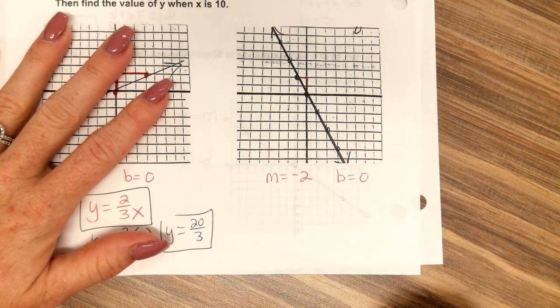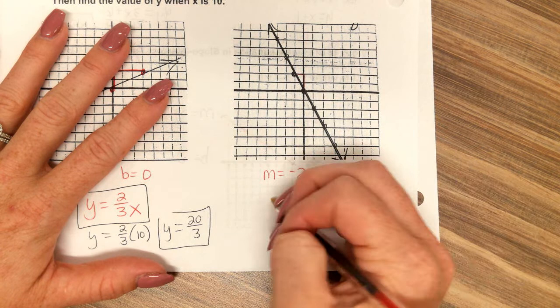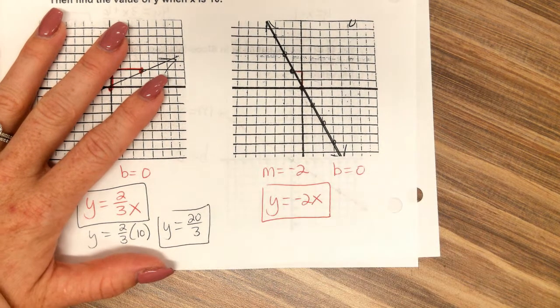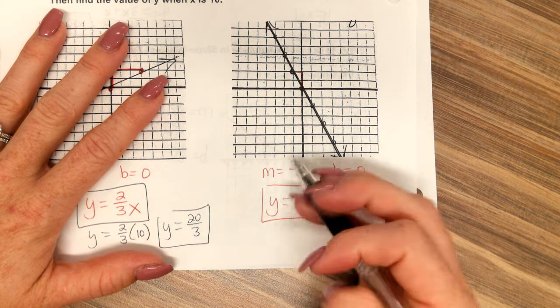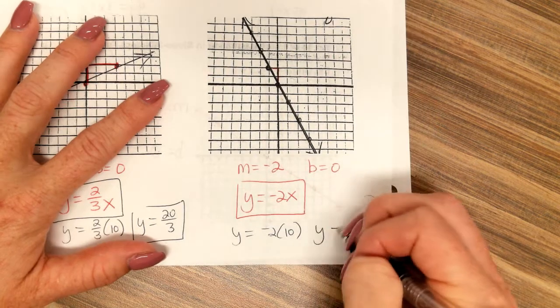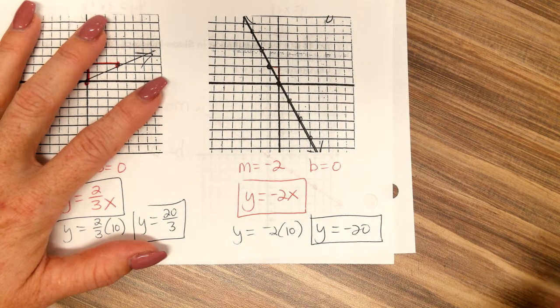Go put a negative sign. Okay? My equation, y equals negative 2x. Now what? Plug in 10 for x. Negative 2 times 10 is what? So y is negative 20 when x is 10.